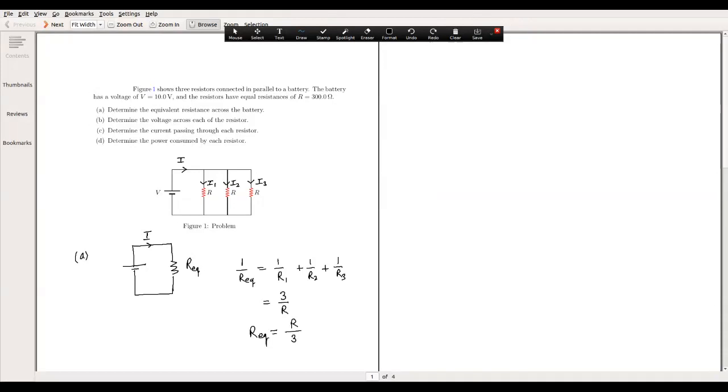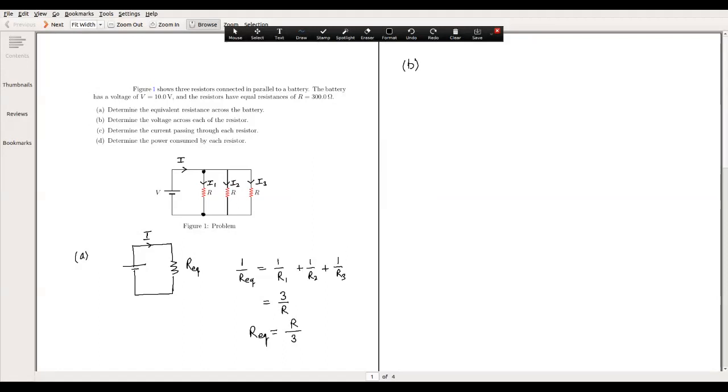That allows us to calculate the current being pulled out of the voltage V, but we'll come to that in part C. So let's proceed. The problem in part B is to determine the voltage across each resistor. The voltage across each resistor will be the same as the voltage between these two points.